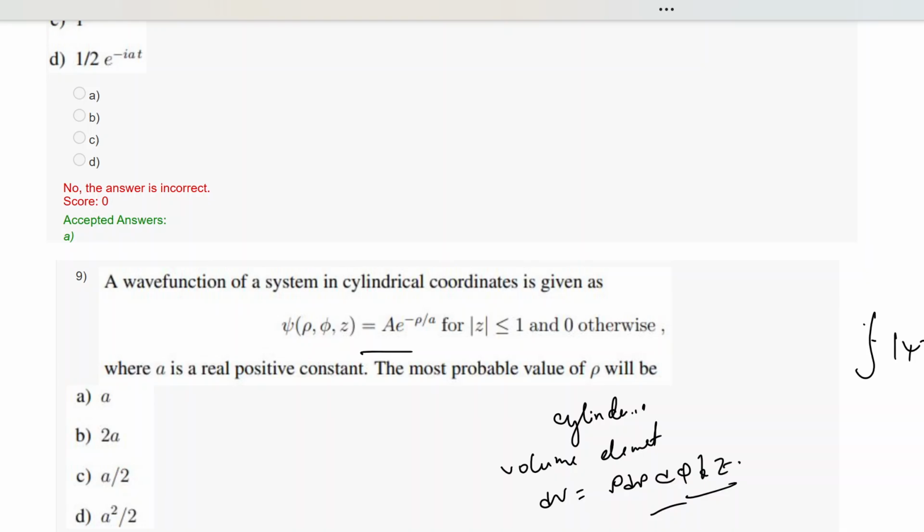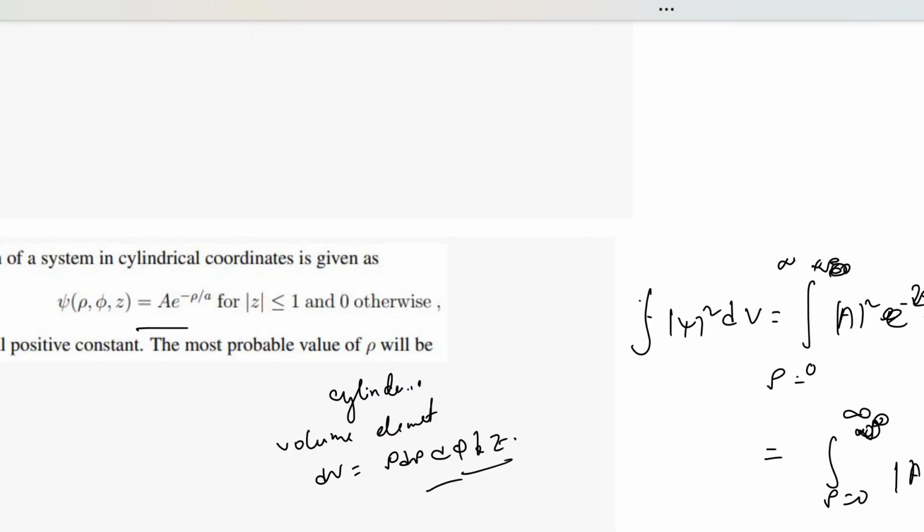So the only radial part or rho dependent term is rho from 0 to infinity, not rho naught but infinity. Whole mod squared, to the power minus 2 rho by a. Basically, if this is squared, this is also squared, into rho d rho d phi dz. So the only part with rho is this.